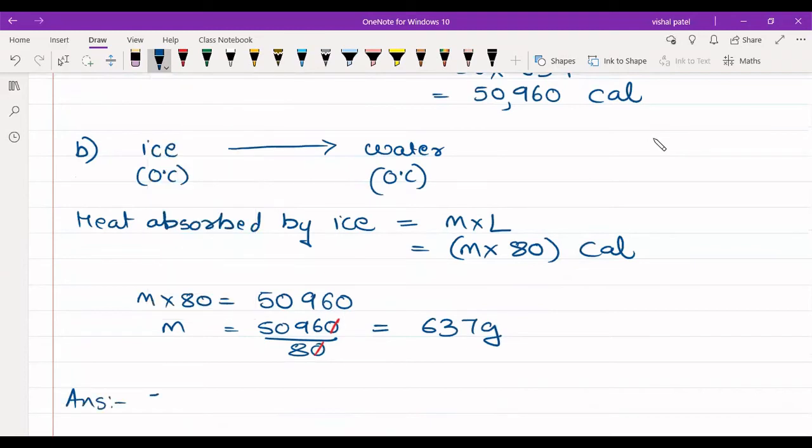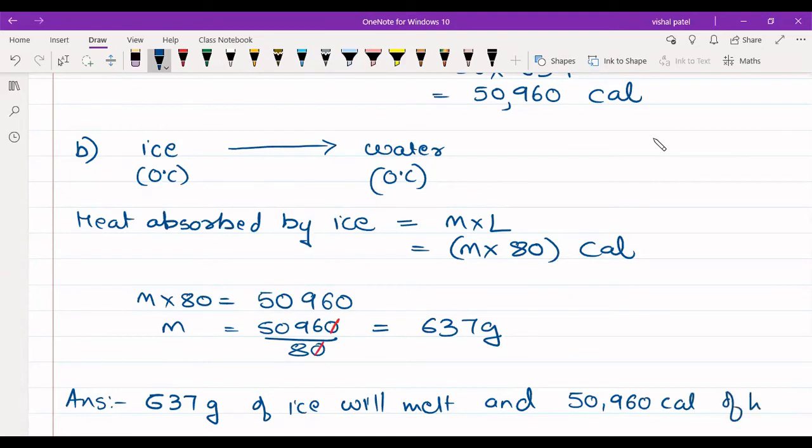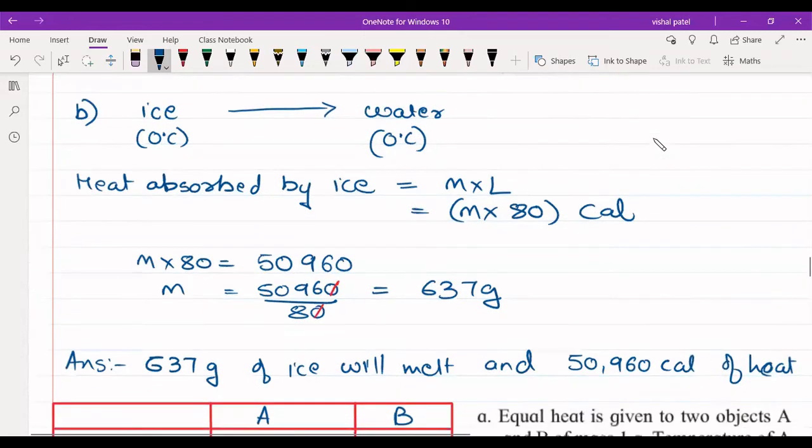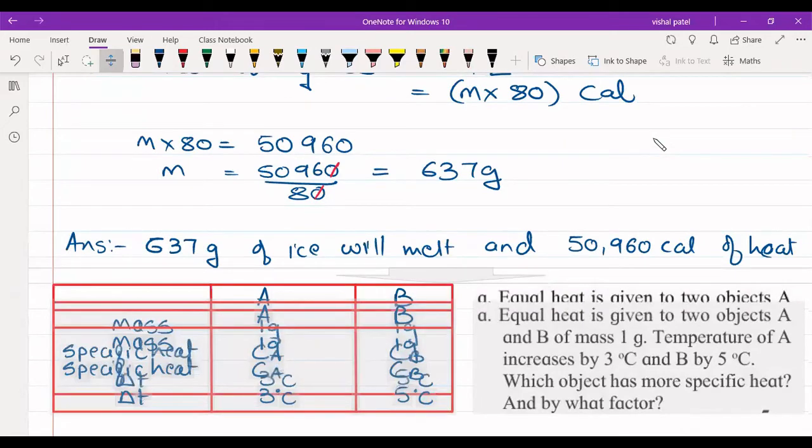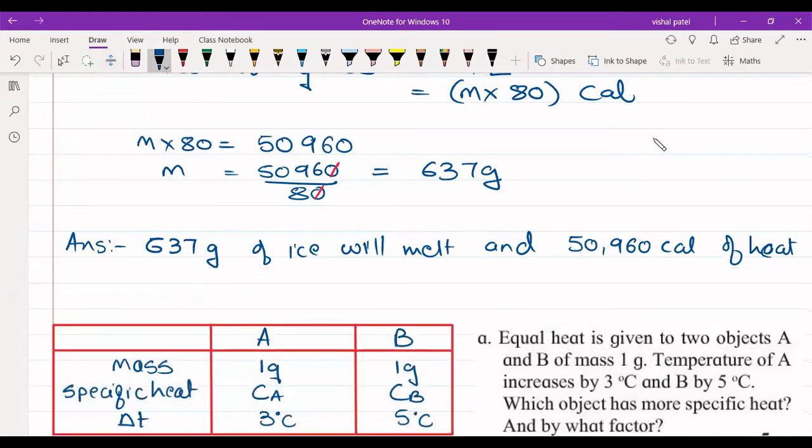My answer is 637 grams of ice will melt and 50,960 calories of heat is given out. Is that clear, all of you?